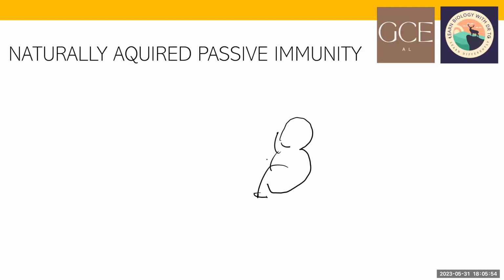The developing fetus is connected to the mother's side through a cord. That's a USB cord. That's an umbilical cord. This is called the umbilical cord.